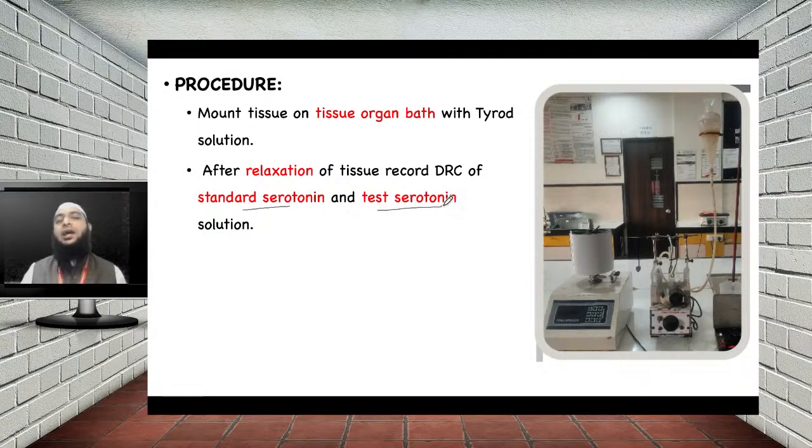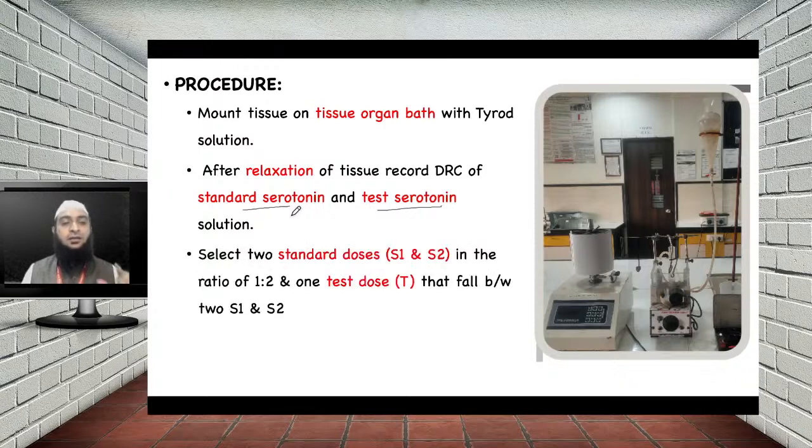So what is the difference here? In the case of the matching bioassay and interpolation bioassay, we have not taken the DRC of the test. We have only taken the DRC of the standard, okay. But in this experiment, we will be taking the DRC, that is dose response curve, of both the standard serotonin and test serotonin solution. So this is the second step.